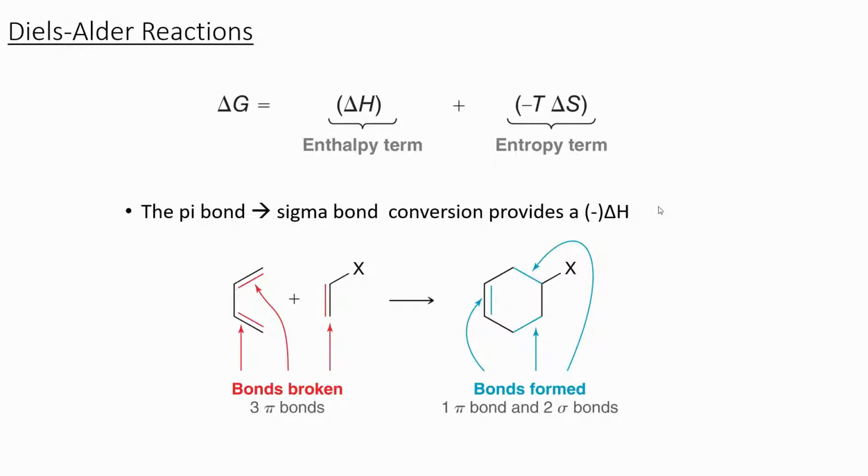Let's take a look at this reaction in terms of its free energy. We're breaking 3 pi bonds and we're forming 1 pi bond and 2 sigma bonds. Because we're forming 2 sigma bonds and breaking 2 pi bonds for our overall net conversion, that's going to provide us a negative enthalpy term.